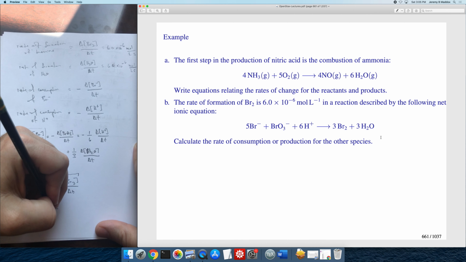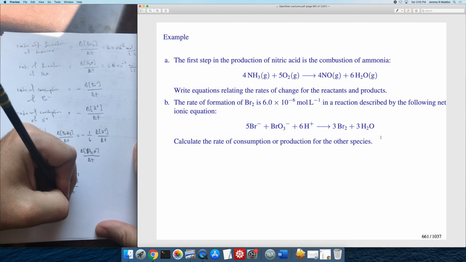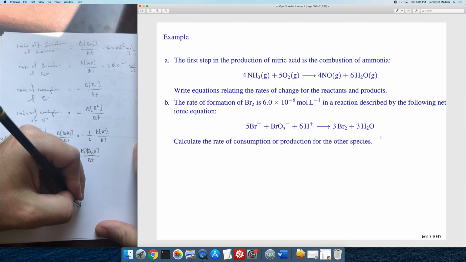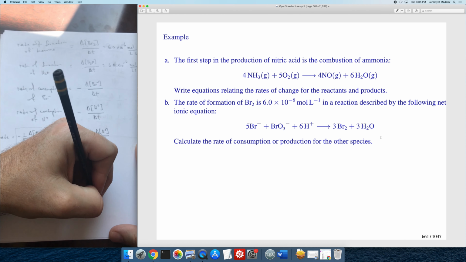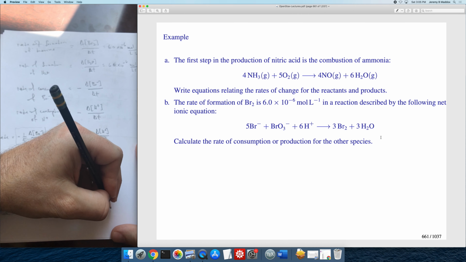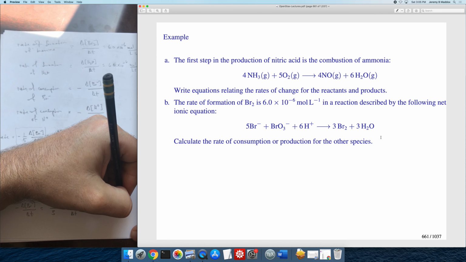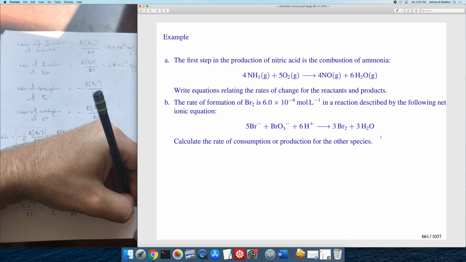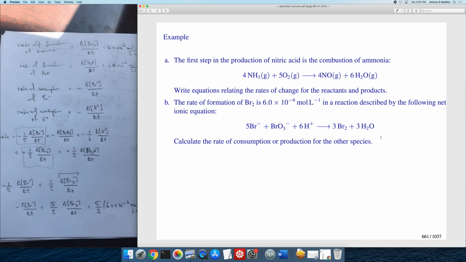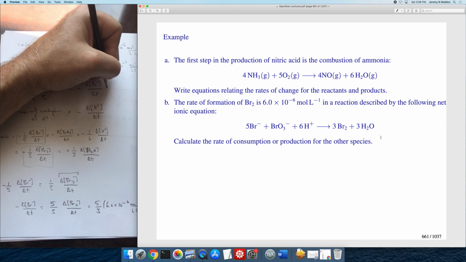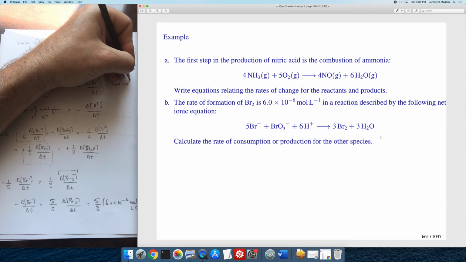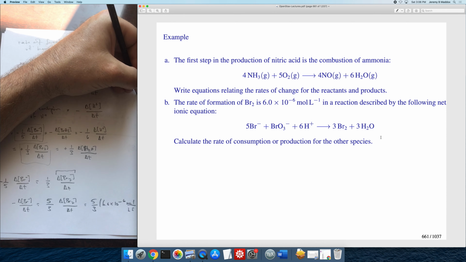So it's going to be 5/3 times delta bromine over delta T. It's going to be 5/3 times 6.0 times 10 to the minus 6 moles per liter per second. And so we can run that through our calculator, and you get 1 times 10 to the minus 5 moles per liter per second.